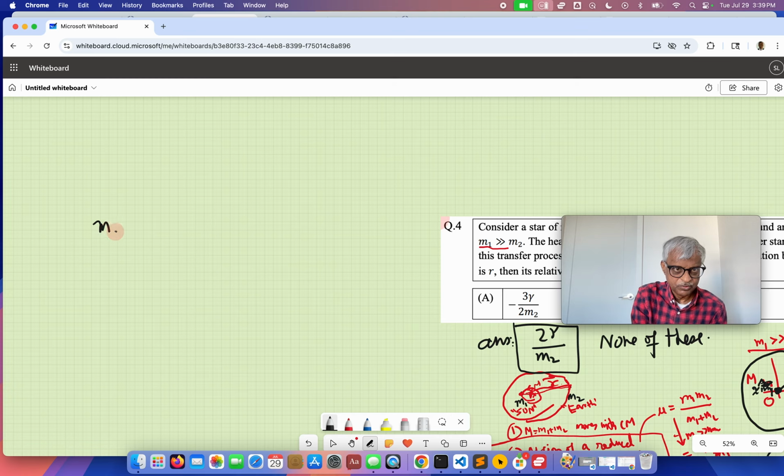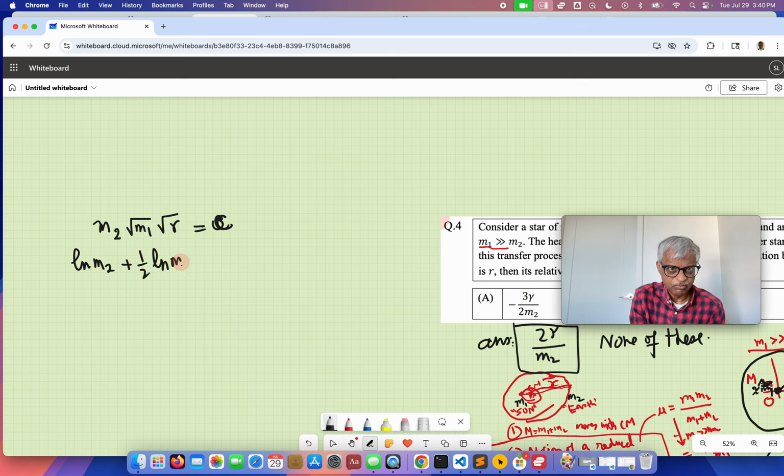We have M2 square root of M1 square root of R equal to a constant. Let's hit it with log this time. Log M2 plus half log M1 plus half log R is some other constant C prime, which is log C. This is another constant. Now take a derivative.